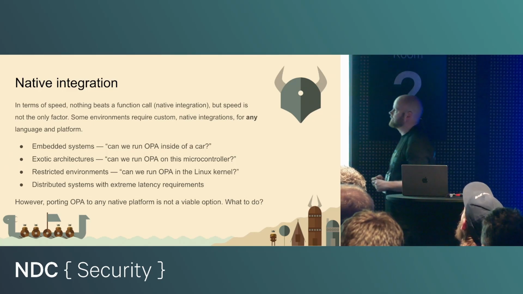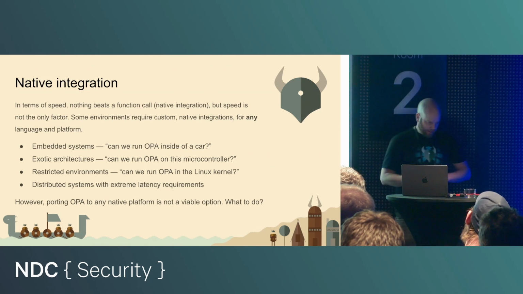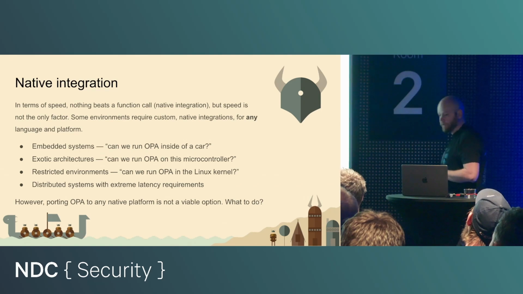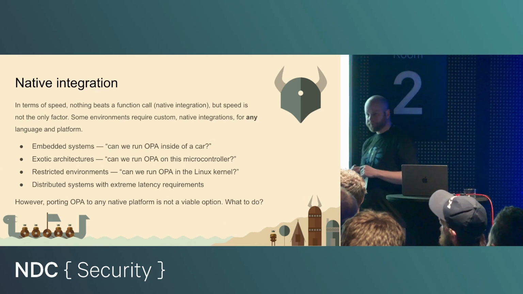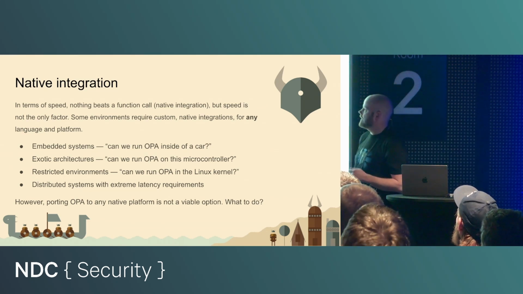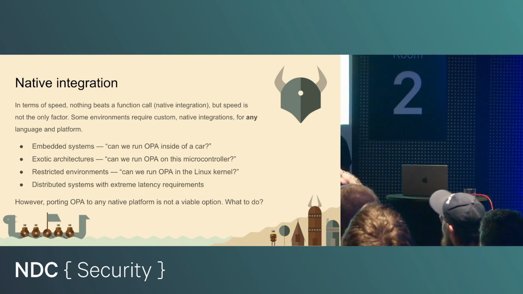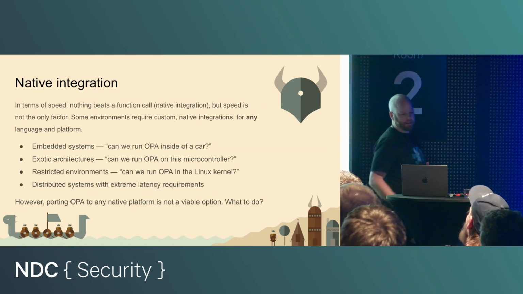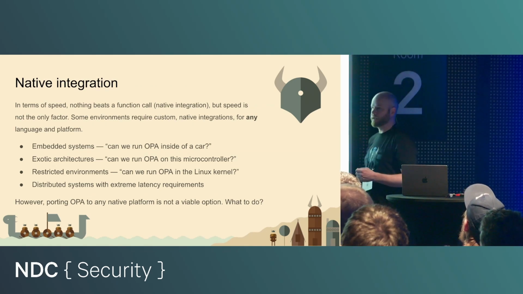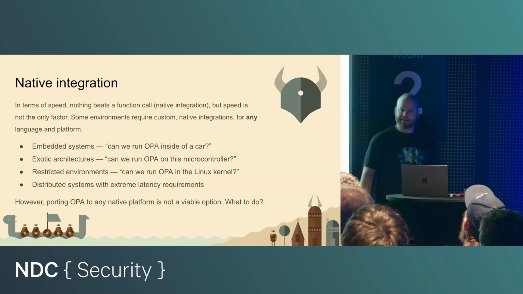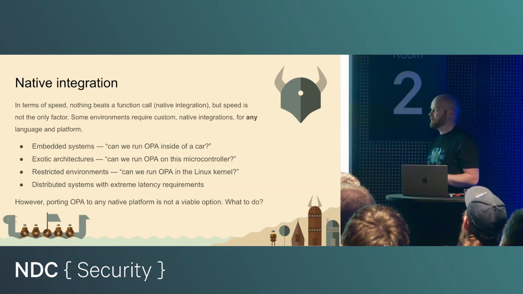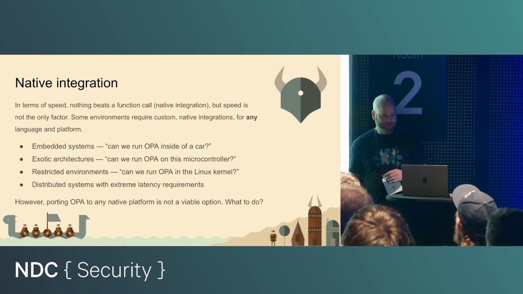But of course, not everything is about speed. There could be some other interesting things when we go native that we can't really do with OPA today. So a few requests that I've gotten recently, one from, I think it was Volvo, where they want to run OPA in cars, which is terrifying.